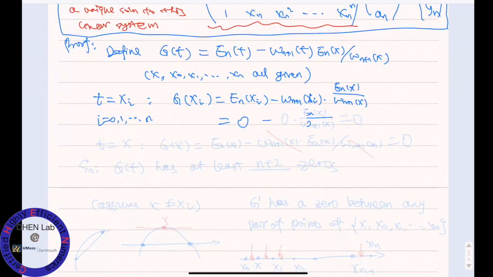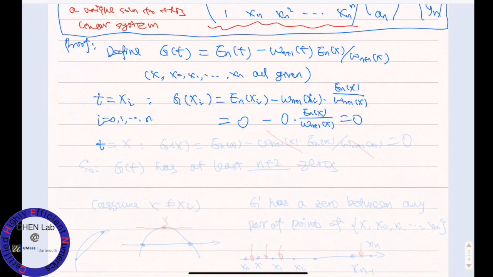And omega n plus 1 of xi is 0 because omega n plus 1 contains all the factors x minus those points, contains x minus xi, so it's 0. Times something about x we don't really know, but that's fine because it's multiplied by 0, so you're going to get 0.